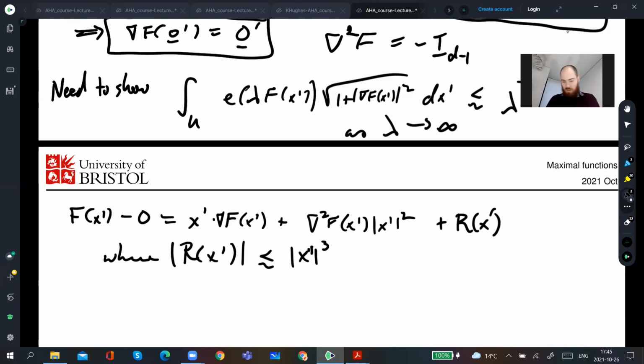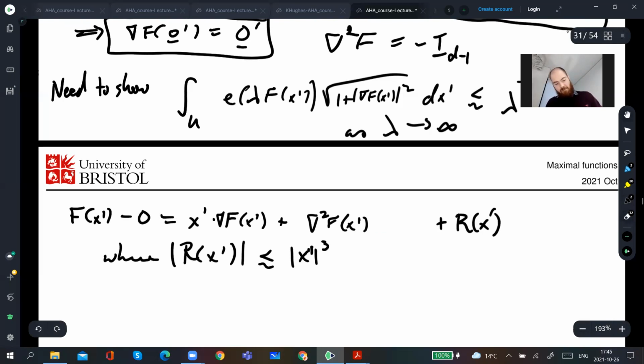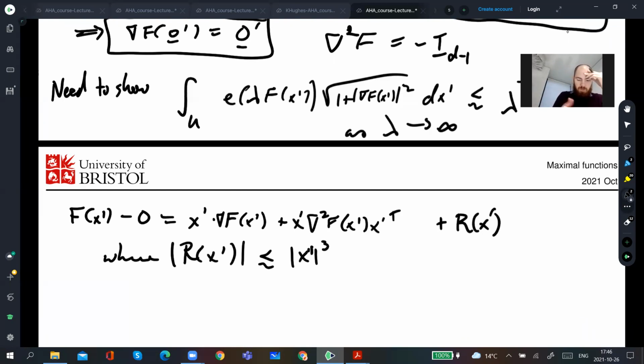So I should be a little more precise here. This is x prime and that's x prime transposed, where I've written x as either a coordinate or row vector to make that correct.